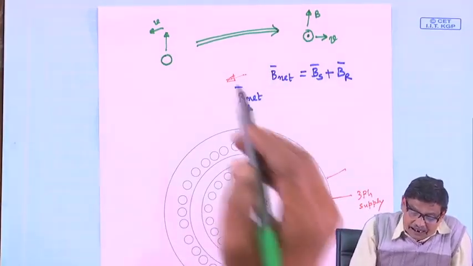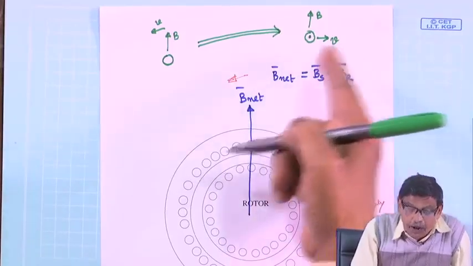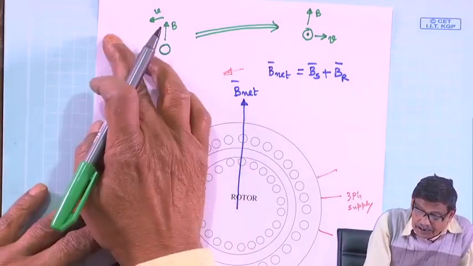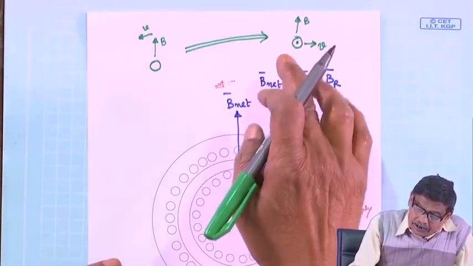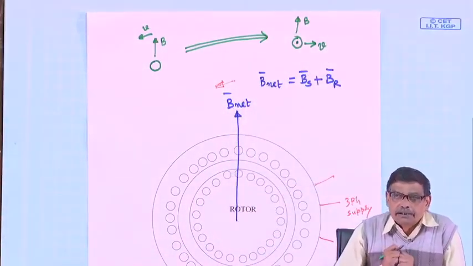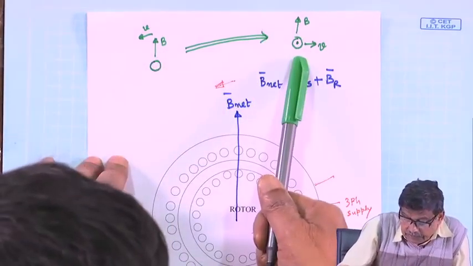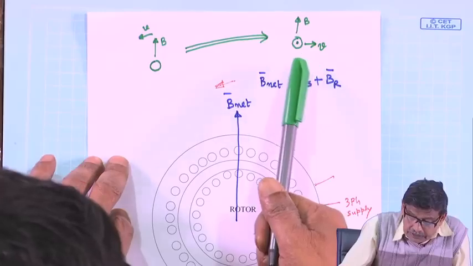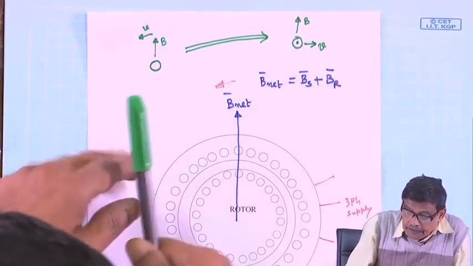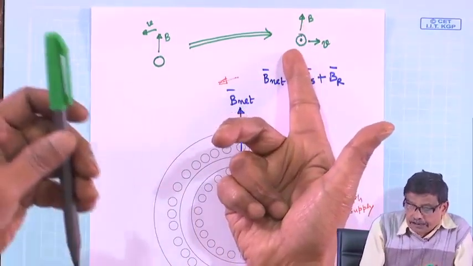You imagine that your b is stationary and the conductor is moving in the opposite direction. The conductor was stationary earlier, b was moving like this. Now, to get the correct voltage and polarity, it is the relative speed which matters. Therefore, you translate this problem to this. Assume b stationary and the conductor is moving to the right. Then apply the right hand rule to get the dot. That is the whole idea.